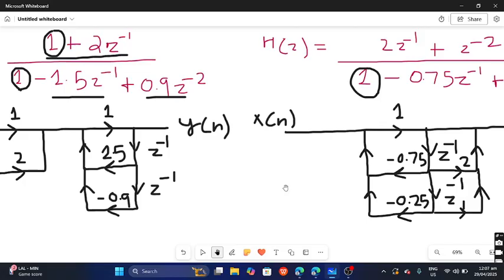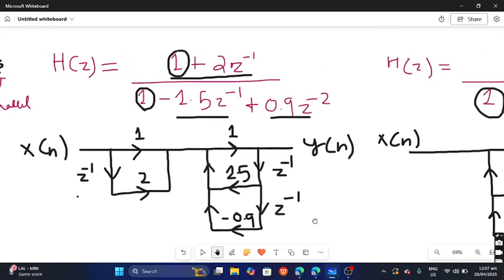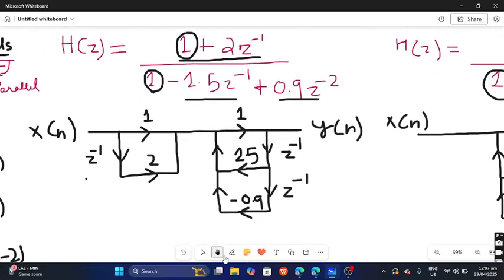In DF1, this is your DF1 structure. In DF1 you make the numerator first and then the denominator, and there is no common delay in this case.